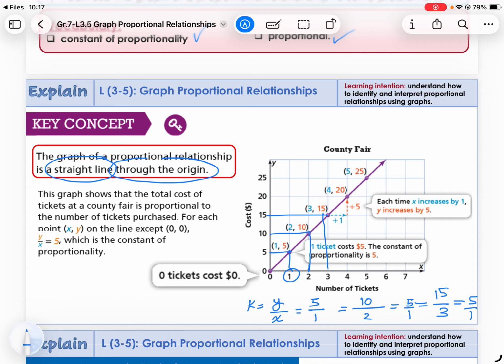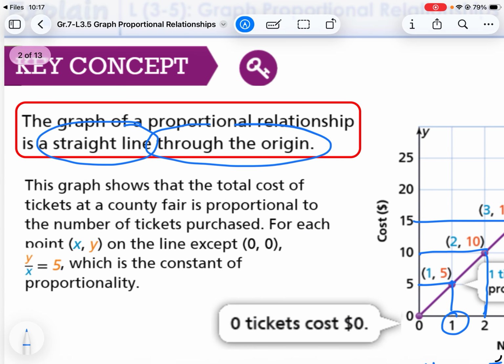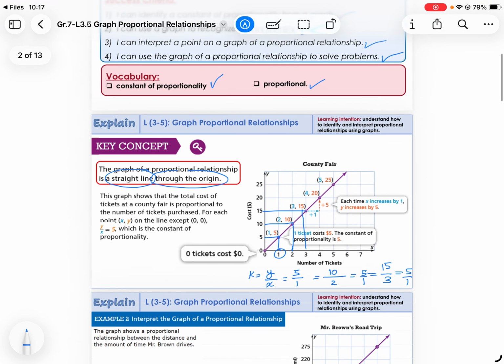So the constant of proportionality in this question is 5, and that means this is a proportional relationship. Again, what should the graph of a proportional relationship look like? It should have two conditions. Number one, it should be a straight line, and number two, it should pass through the origin.